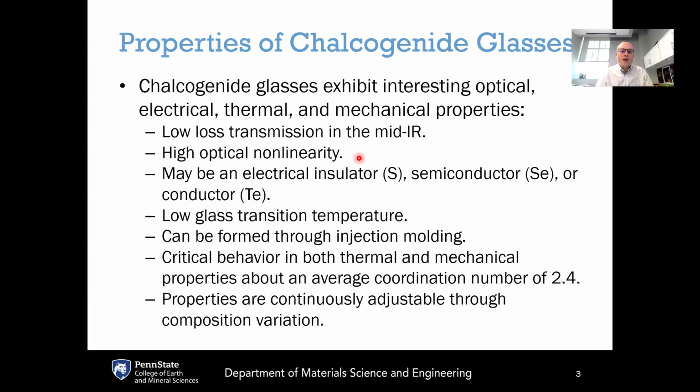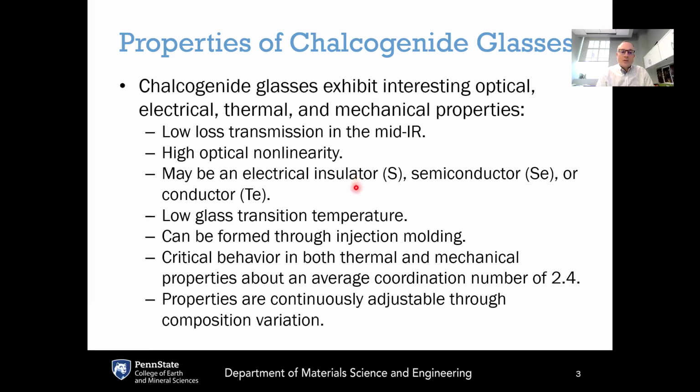This means that the refractive index of these glasses increases with a higher intensity of light. And because of this change of refractive index with the changing intensity of the light, that means that chalcogenide glasses can be used as optical switches in the infrared.